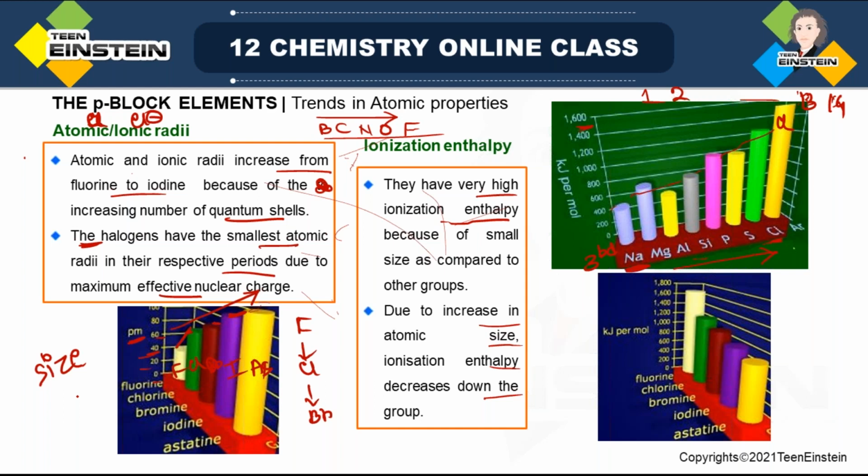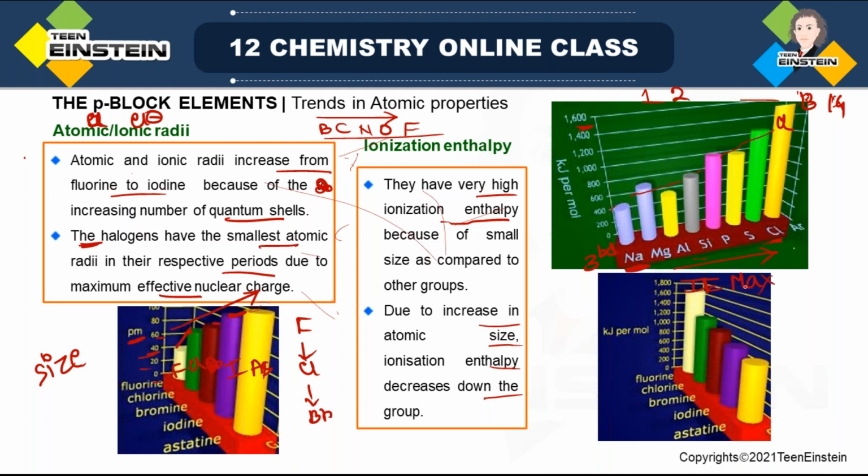So for ionization enthalpy it will have the reverse effect. When size is very high, ionization enthalpy is less. When size is small, ionization enthalpy is very high. That is, they are inversely related. As fluorine has the lowest size, ionization energy is maximum.